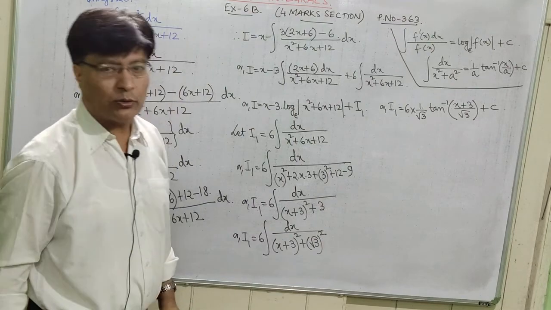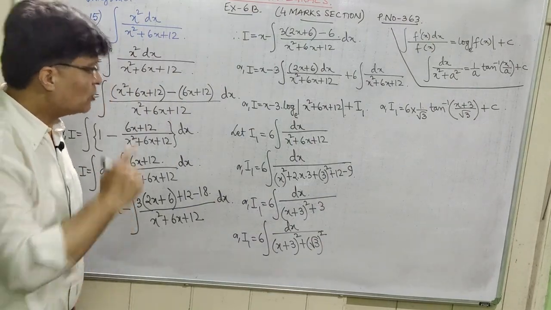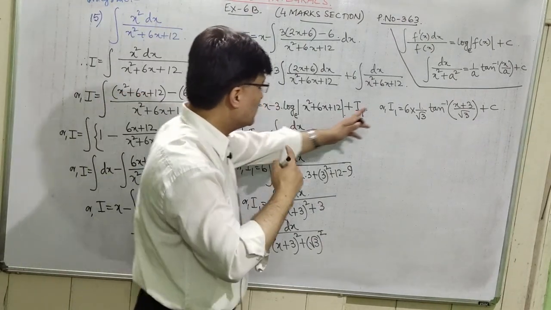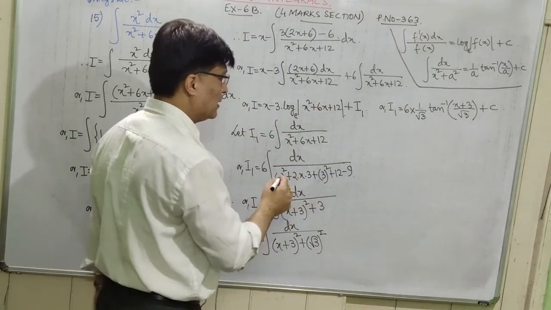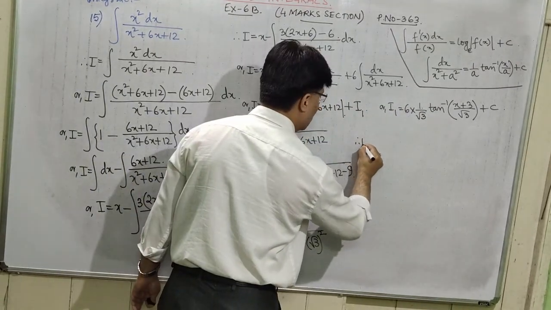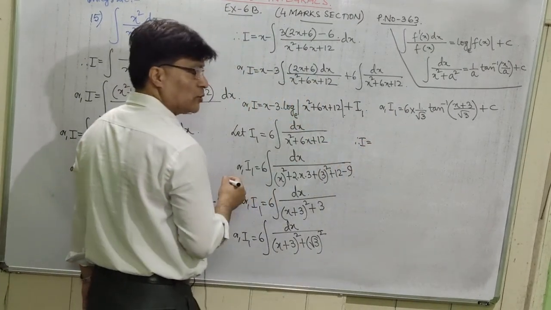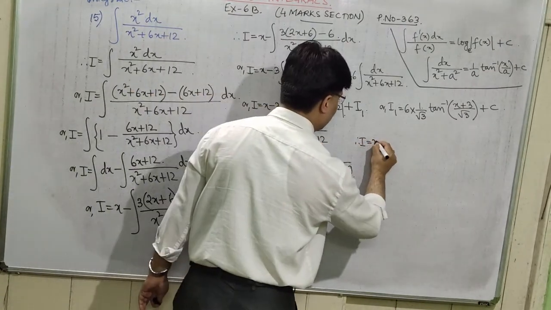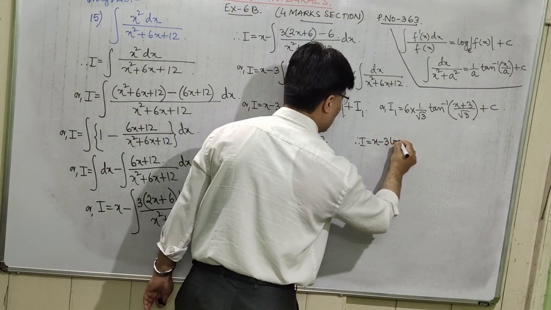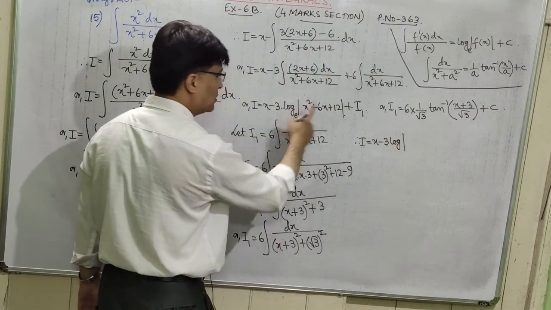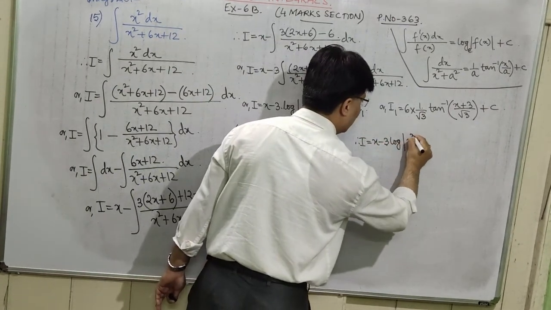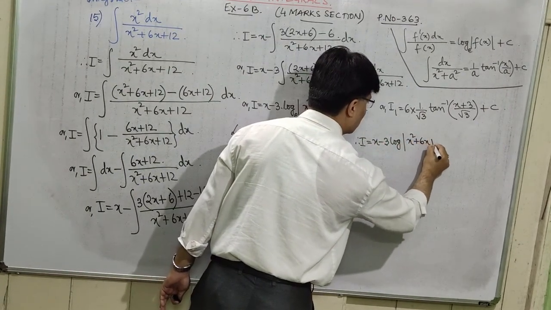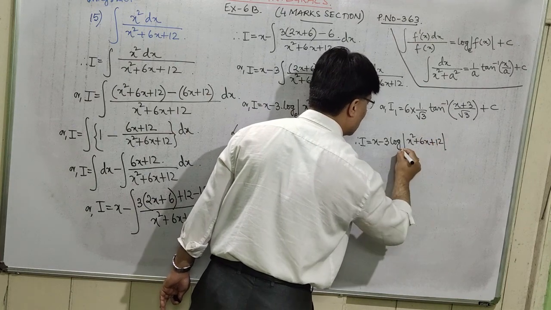But this is I1 only. Okay. But you have to get the value for I. So let us put this value for I1 in I. So therefore what is I now? What is the final answer? So I is equal to x minus 3 log within mod x square plus 6x plus 12 mod sign closed.